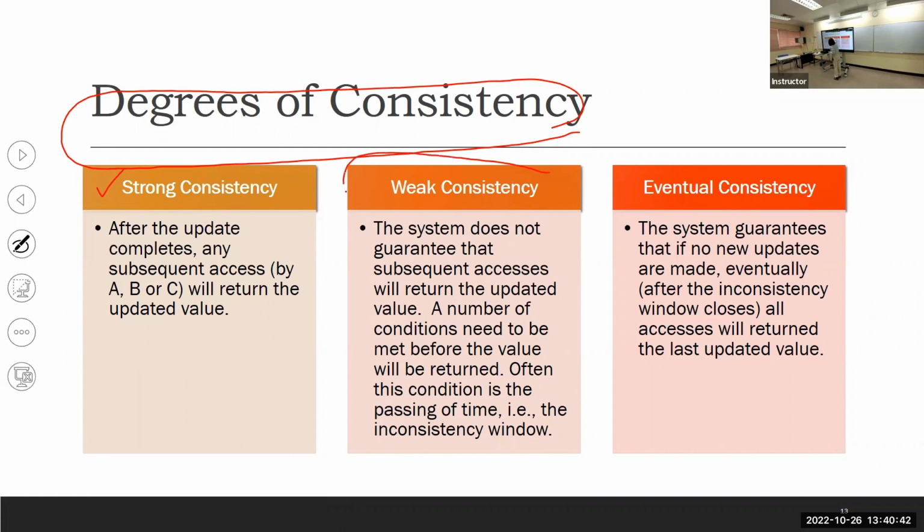But another form, another relaxing degree, is weak consistency and eventual consistency. Okay, so for weak consistency, it means that there will be an inconsistency window. There is a time.